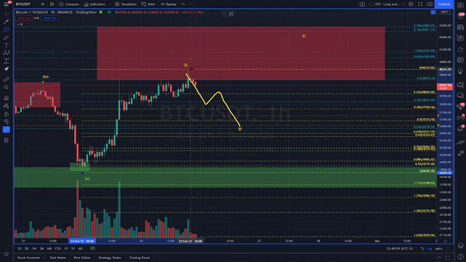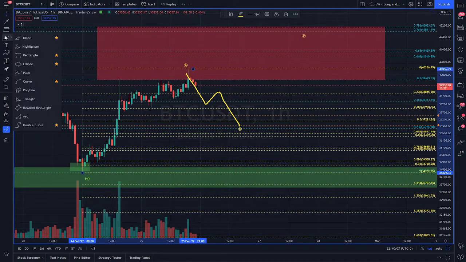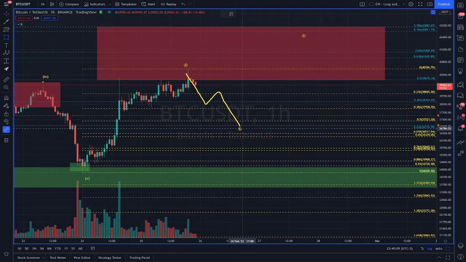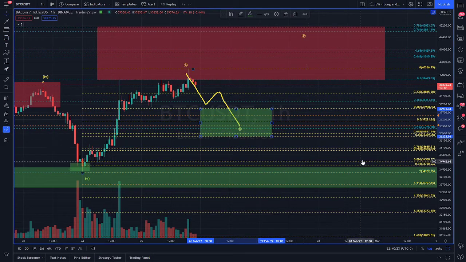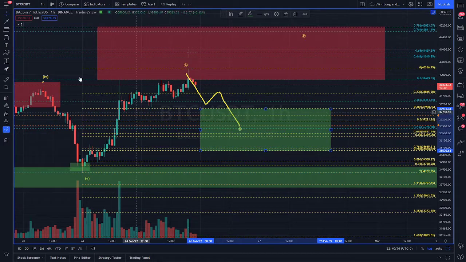We can then get a target box here. A B wave should go typically between 618 and 382. So if we can get anywhere in here, that would be enough. I'm just going to put a brief support box there. It does have room down a little bit more. Like I said, we could come all the way down to 35.6 and then still go up. So maybe I'll do a really big support box just because I'm not sure.